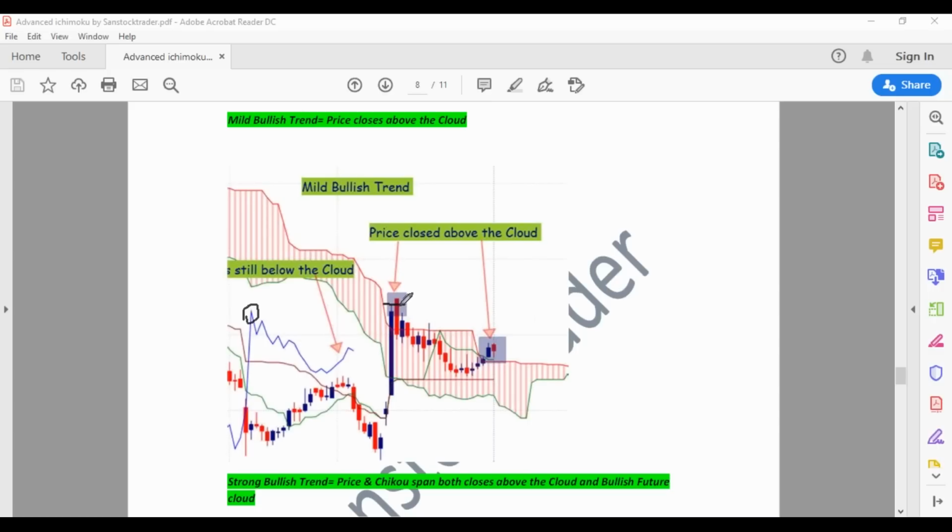So it was a bullish trend, but not a matured one, and that's the reason price attempted to break out but failed. The real bullish trend will start when price moves above the cloud and, at the same time, the Chikou Span also crosses the cloud. This is the time when a real bullish trend will emerge.